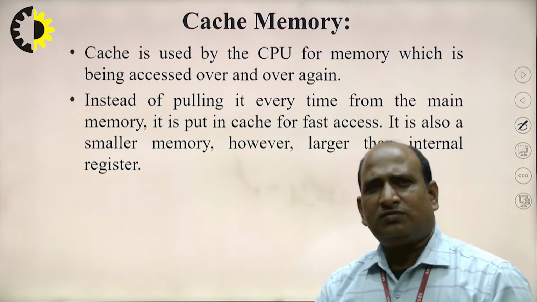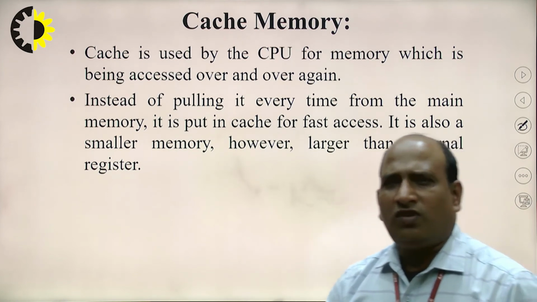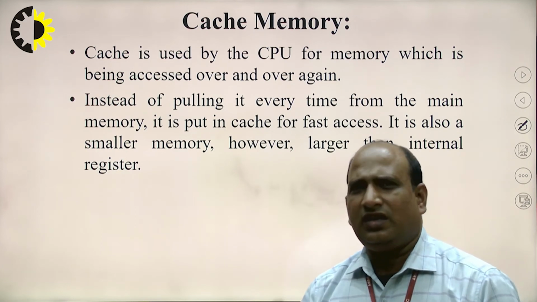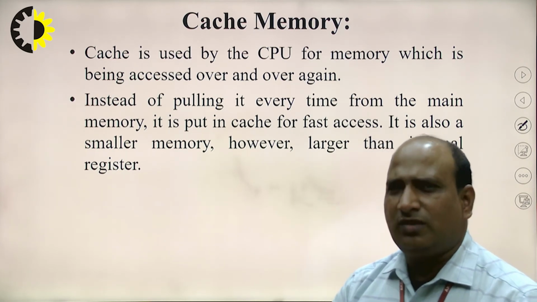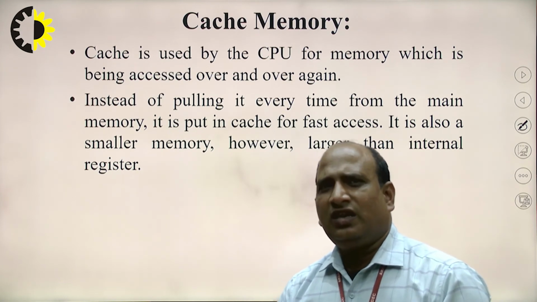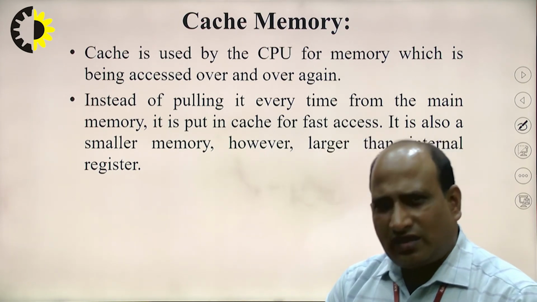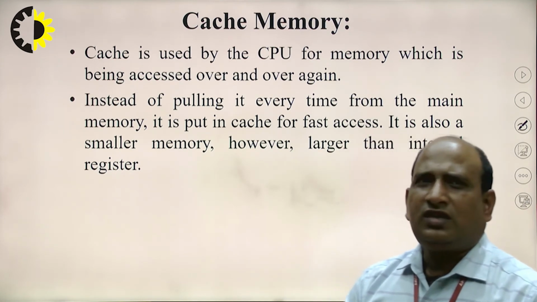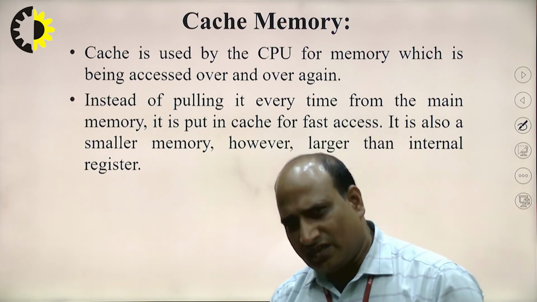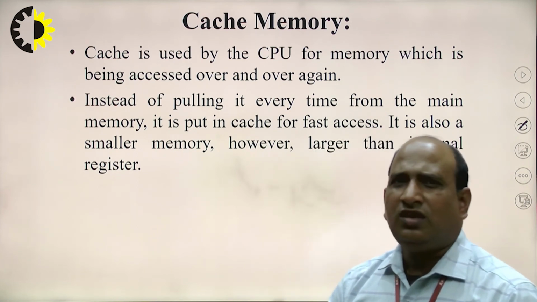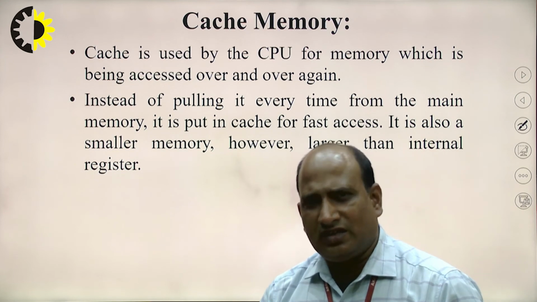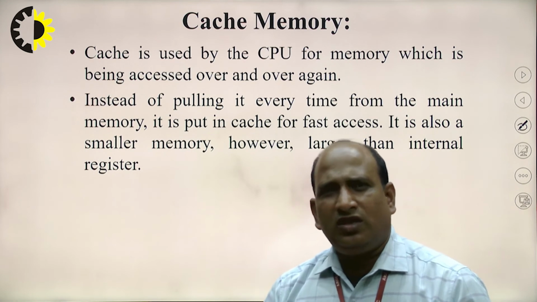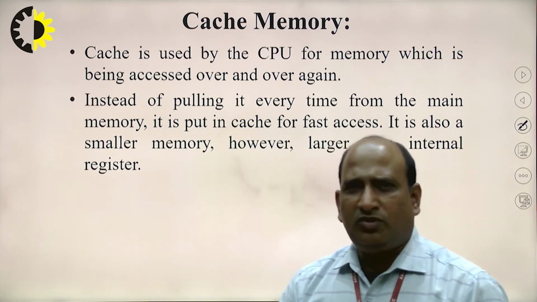The cache memory is used by the CPU for data which is being accessed over and over again. The data that the processor accesses again and again is stored in the cache memory. Instead of pulling it every time from the RAM, it is put in cache for fast access. It is also a small memory, however larger than the internal register. It is faster than main memory, but slower than the CPU register.